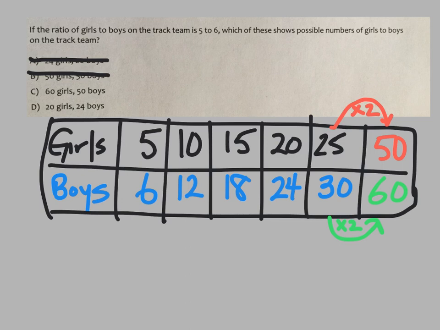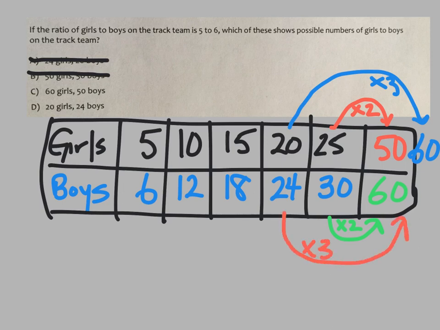C, 60 girls and 50 boys. Well, again, if I multiplied my 20 girls times 3 to get 60, I'd have to multiply my 24 boys by 3, and that would give me 72. And that's not what matches with answer choice C.